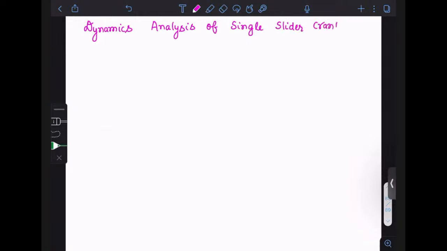Very important topic. Earlier we have seen the kinematics analysis, in which we discussed the velocity and acceleration. Here we are going to discuss the force in the slider crank mechanism.